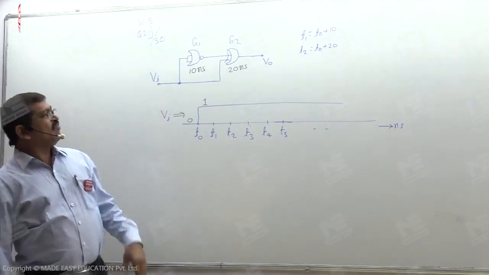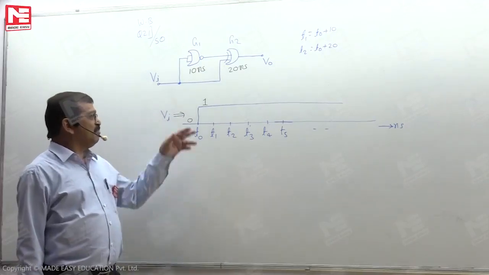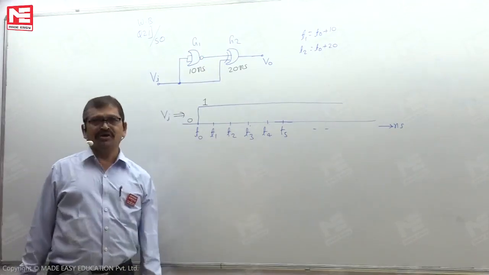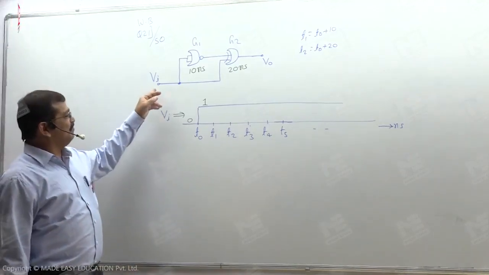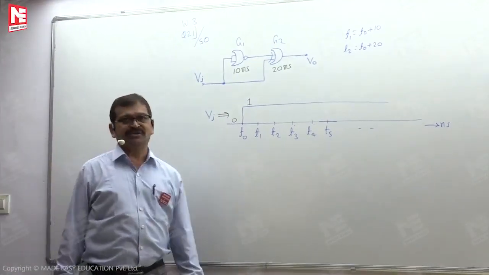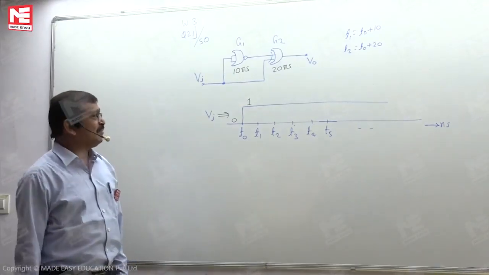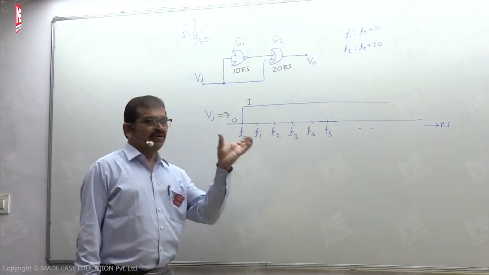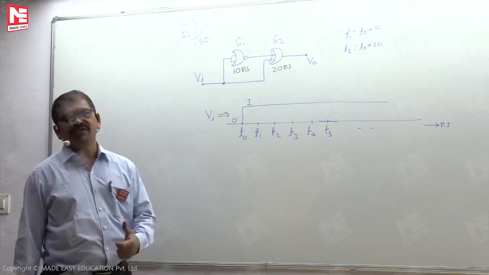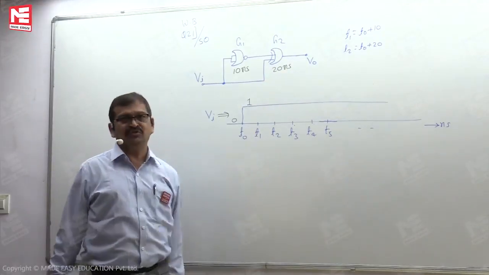To draw the output waveform V0, we need to know both inputs of this exclusive OR gate. One input of the exclusive OR gate is Vi, which is available in the problem description. But the other input to the exclusive OR gate is from the gate G1 output. If we know the gate G1 output, then we can draw the waveform for V0.